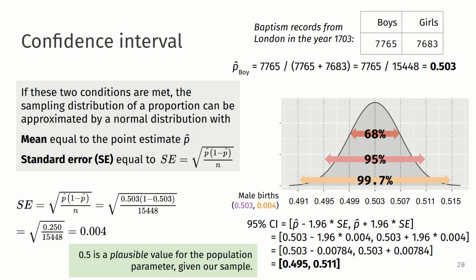So it's something that we think is plausible to believe about the proportion of boy births relative to girl births in at least the British population in the 18th century. So on this basis, we would probably not feel comfortable rejecting the null hypothesis that boys and girls are born at equal rates.